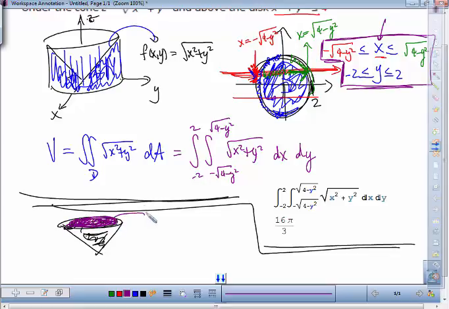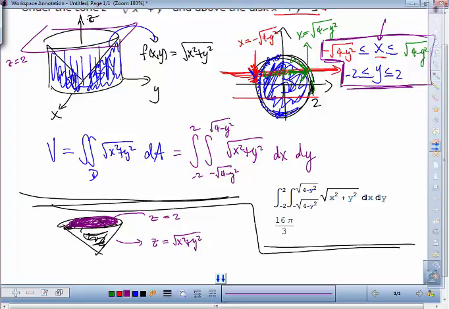We have a top surface, and let's say this goes to a radius of 2, so you would imagine this would be a plane, z is equal to 2, on top. So you have a surface z is equal to 2, and then you have the surface of the cone z is equal to the square root of x squared plus y squared.